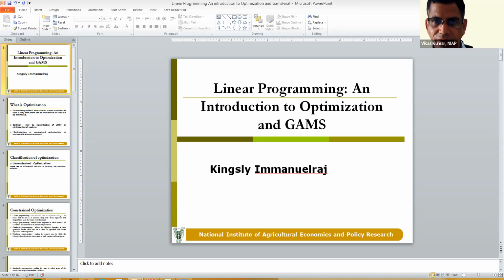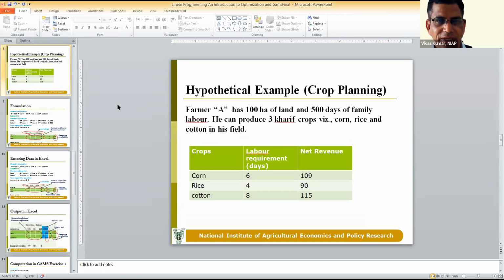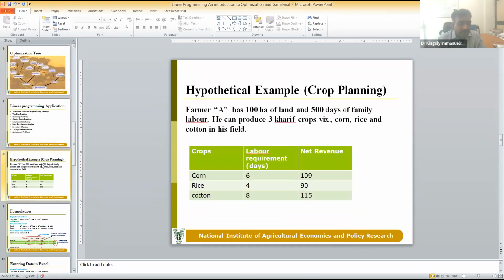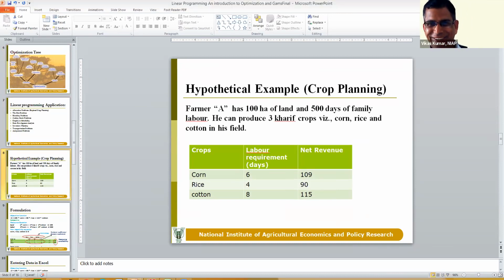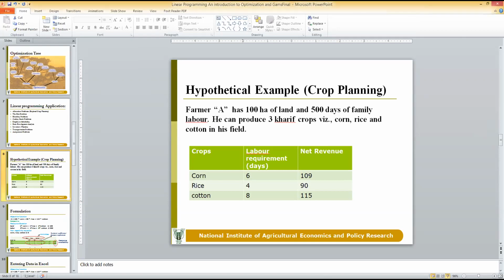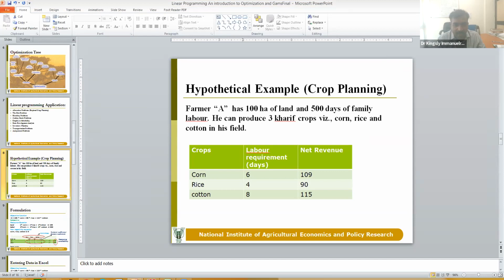Are the slides moving or not? The slide is moving, what's the problem? It's not opening, sir. I'm sorry. Now it's moving. Is it visible now? It's not in slideshow mode. Try F5. What about now? Still not moving. I don't know.